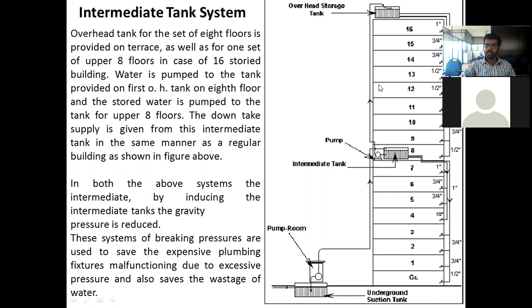Not only that, mainly the client won't allow you to build a tank in the center, because that much area is lost, right? We have to give space for the tank itself. So most clients won't allow you to build a tank like this intermittent tank.